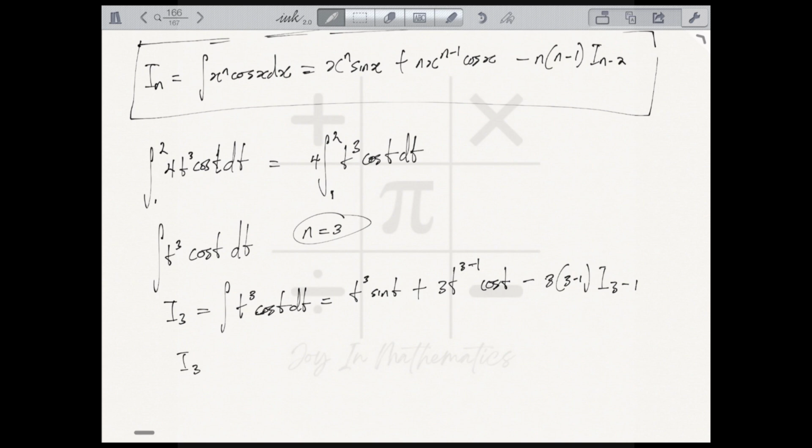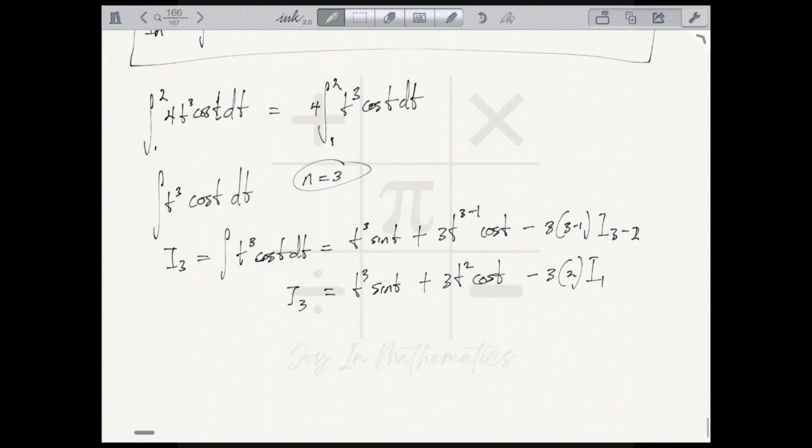Therefore we know that our I_3 will give us t^3 sin t plus 3t^2 cos t minus 3 into 2 of I_1. Therefore I_3 will be t^3 sin t plus 3t^2 cos t minus 6 I_1.